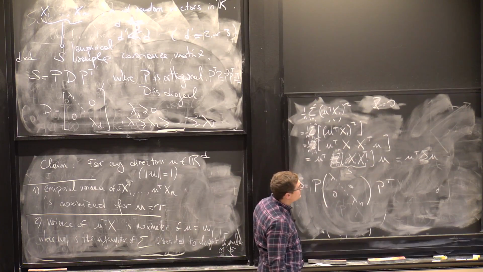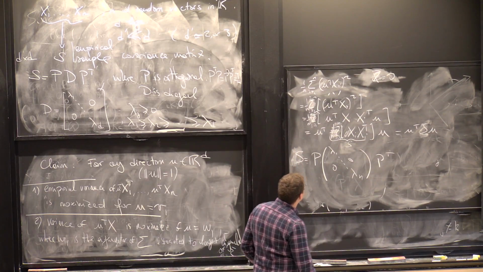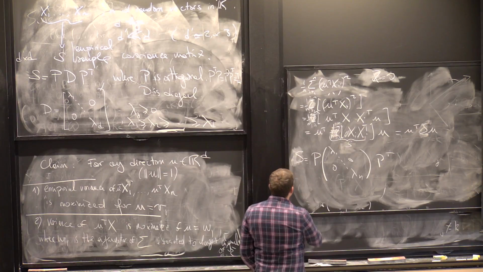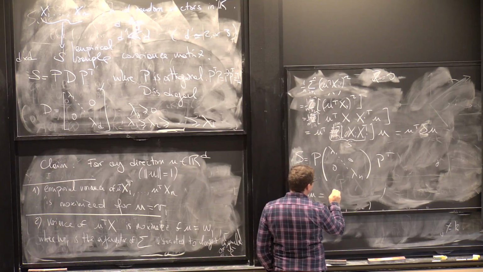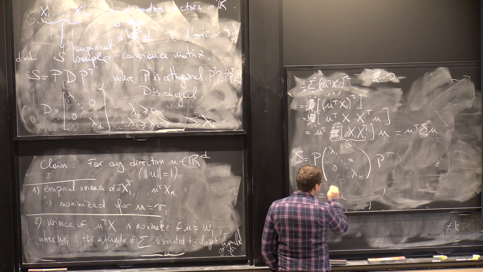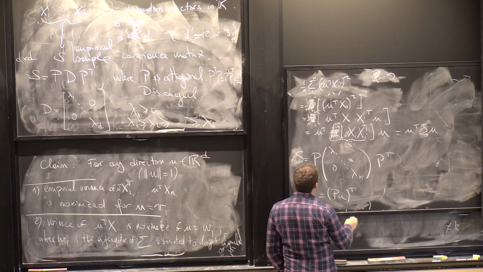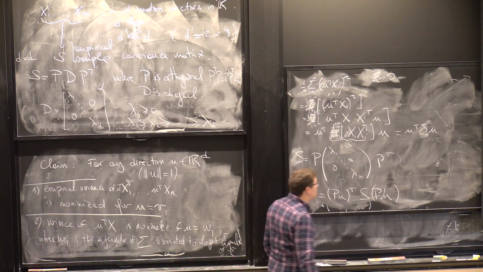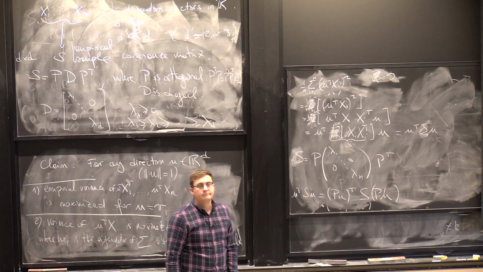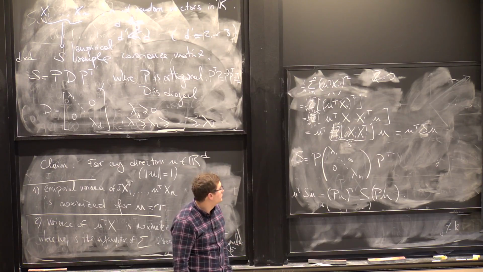And so now, when I look at U transpose SU, this is actually equal to U transpose P D P transpose U. Okay? There's a transpose somewhere.